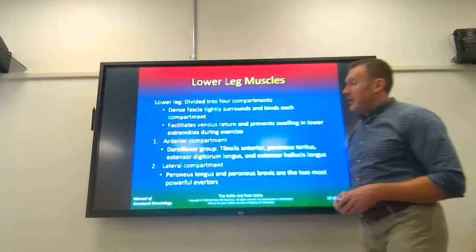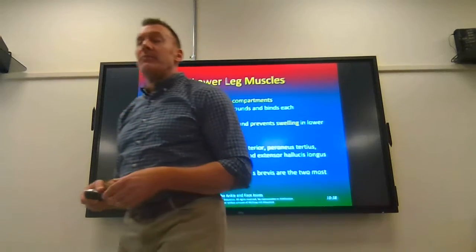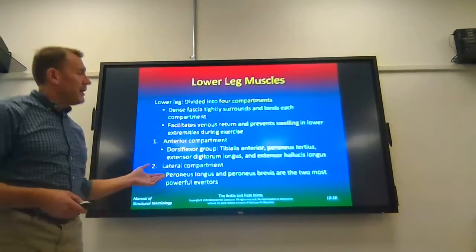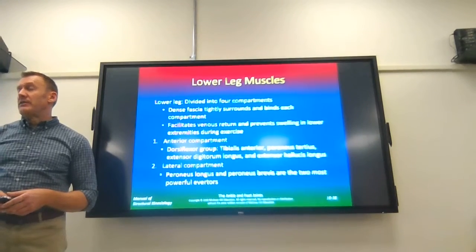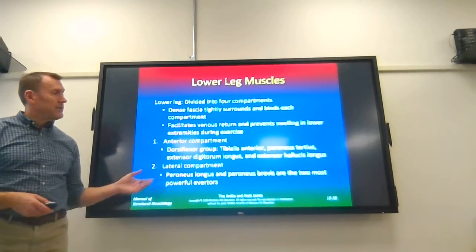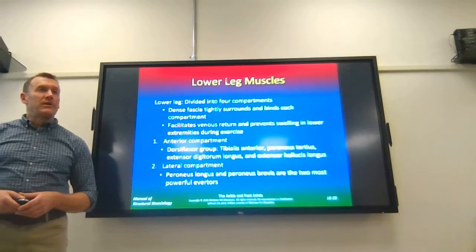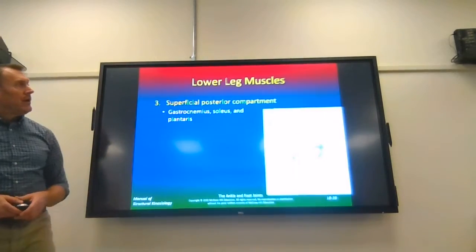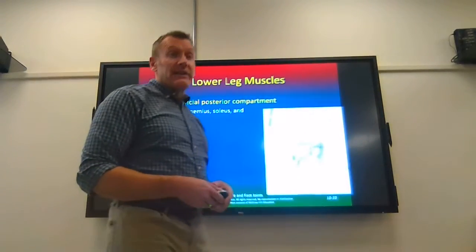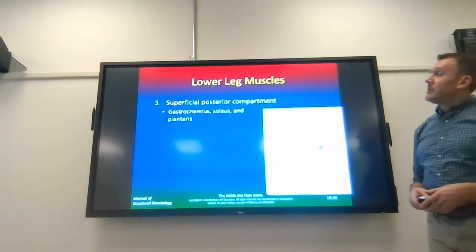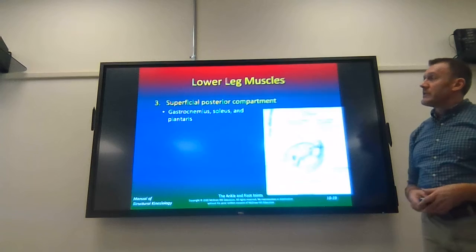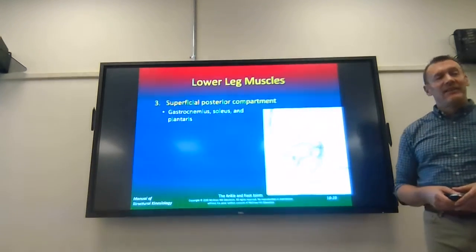Okay, so the lateral compartment, that's where you have muscles such as the peroneus longus and brevis. Eversion is the primary action, but these muscles also contribute to plantar flexion. Okay, so coming around the back side, we have the superficial posterior compartment: the gastrocnemius, soleus, and plantaris.